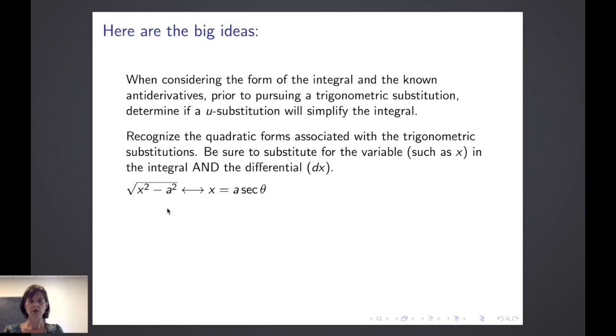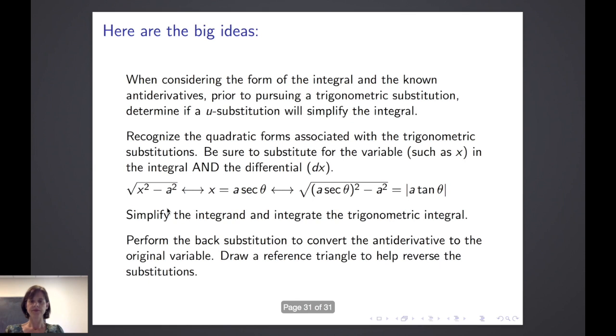And recall that the square root of x squared minus a squared means that the best trig substitution would be x equals a secant of theta, which means that the square root of a squared secant squared theta minus a squared would result in the absolute value of a tangent of theta. You want to simplify, then integrate, then complete the back substitution.